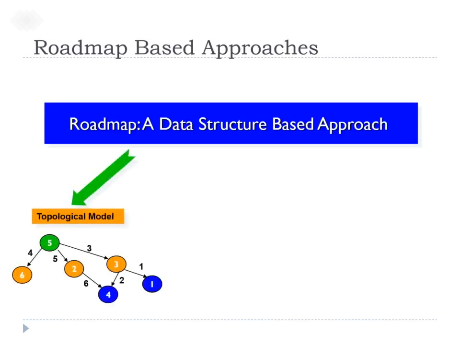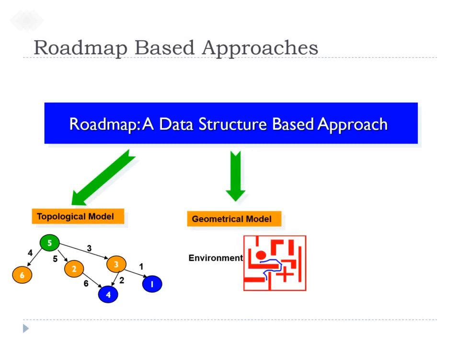One is a purely topological model where every location is represented by a node, and between any two locations, if there is connectivity, if there is a path, then that is represented by an edge. For example, here 5 and 6 are directly connected, whereas to approach 4, from 5 one has to go either via 2 or 3. So here the topological aspect of the environment is considered. That is known as a topological model.